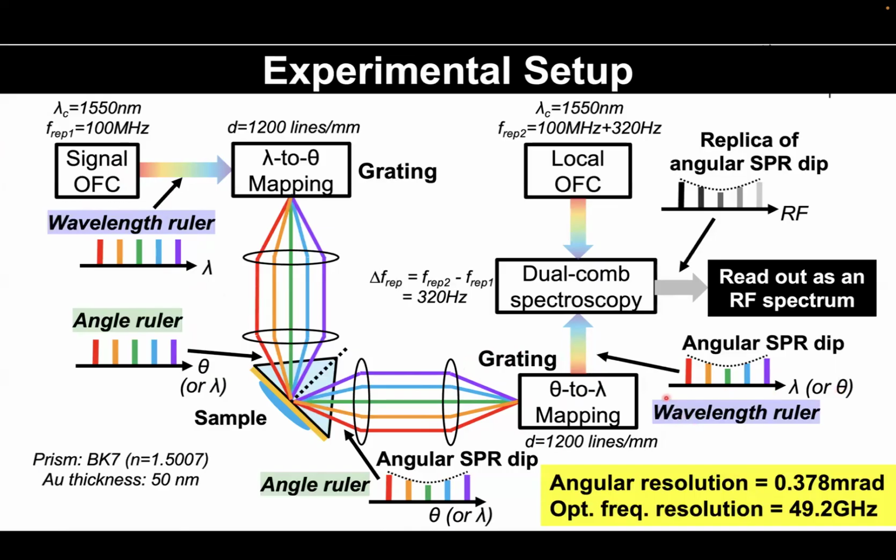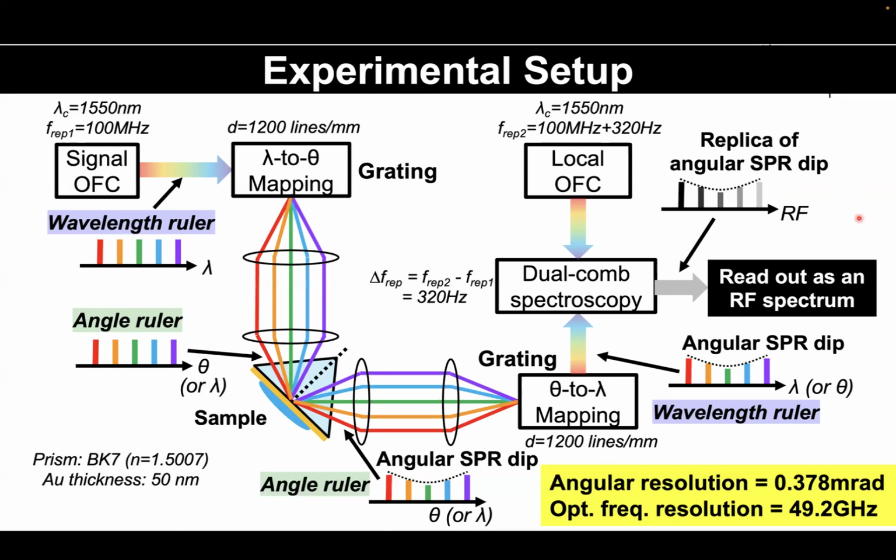The resulting signal OFC interferes with the local OFC for the dual-comb spectroscopy. Finally, the replica of the angular SPR dip can be read out as an RF spectrum like here.